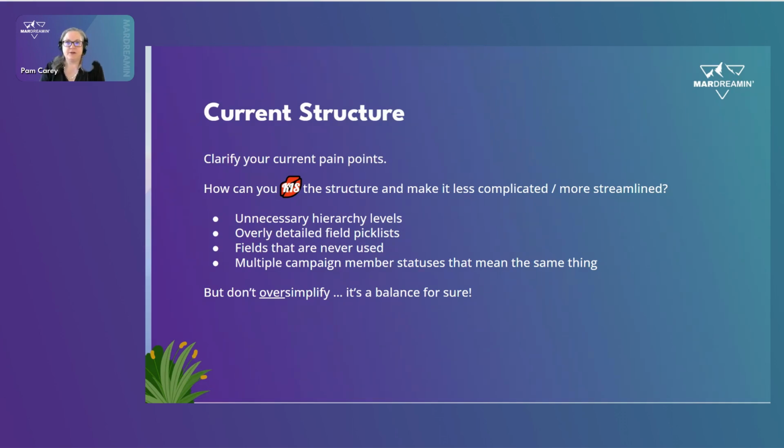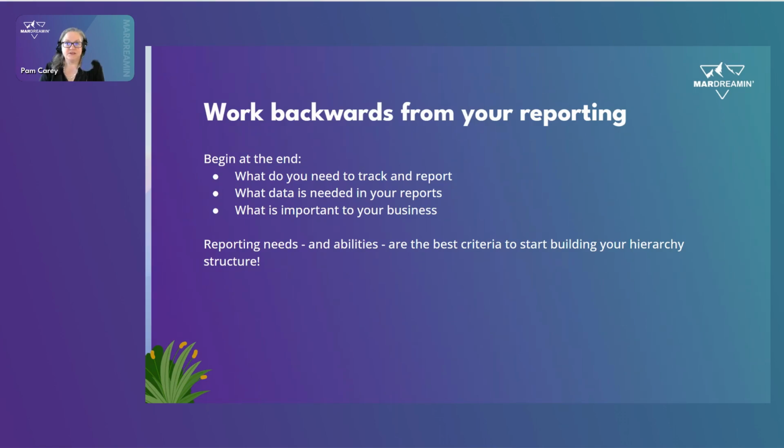Explore the pain points that are in your current state and seek opportunities to KISS the structure or processes. At the same time, you don't want to oversimplify and create opposite pain points. So it is definitely a balance. The best place to start is at the end. Define what's important for your reporting and then work backwards.